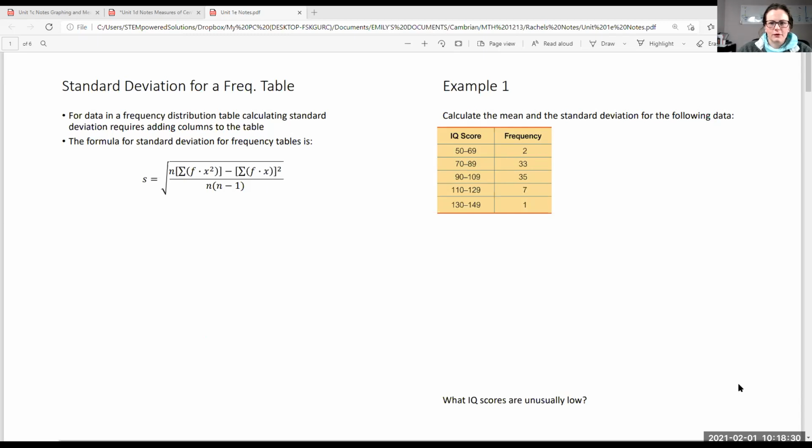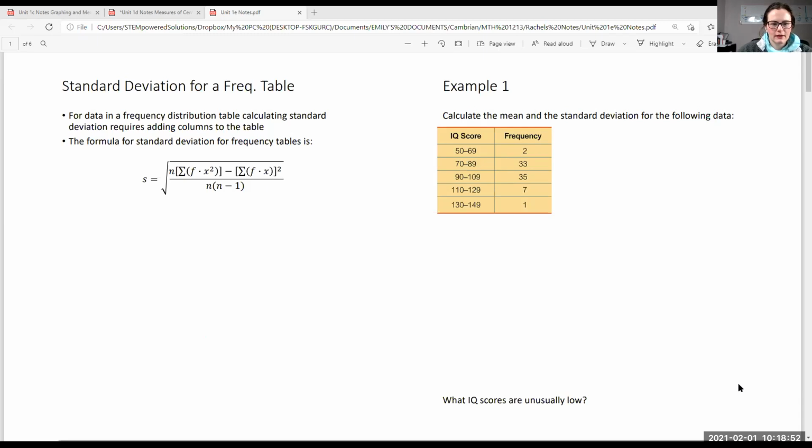It's fairly straightforward. We're going to have our lower class here, and our upper class right beside it. Then our midpoint will be calculated right after that, and then we can have our frequency.